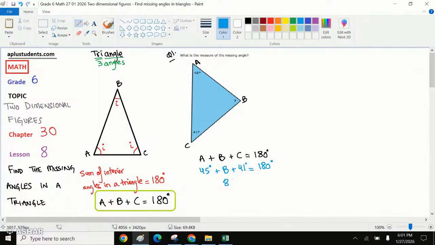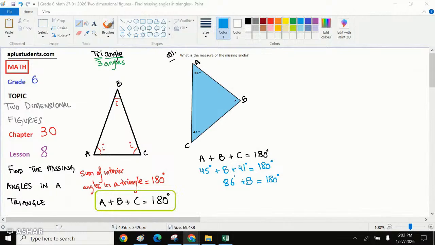So 86 plus B is equal to 180, right? Yes, it has to be equal. It cannot be any other value other than 180. The sum of the angles inside the triangle is always 180.